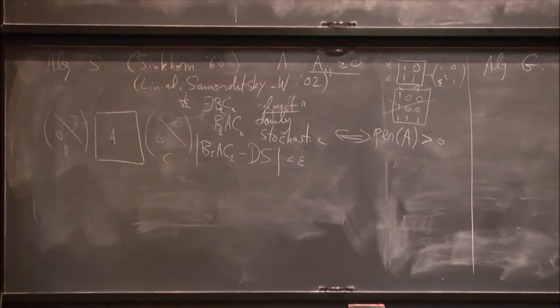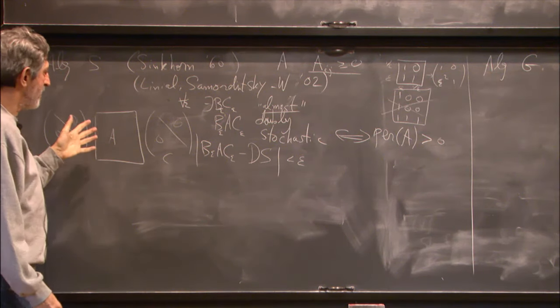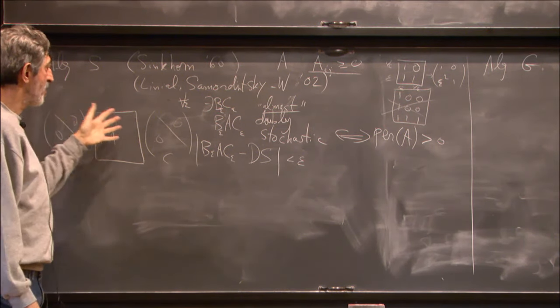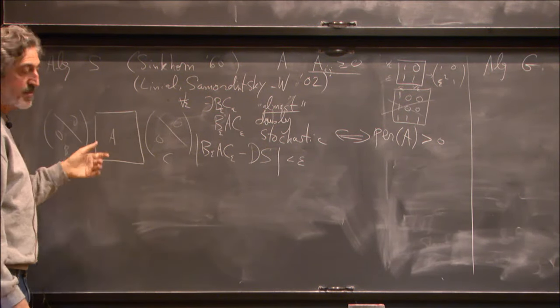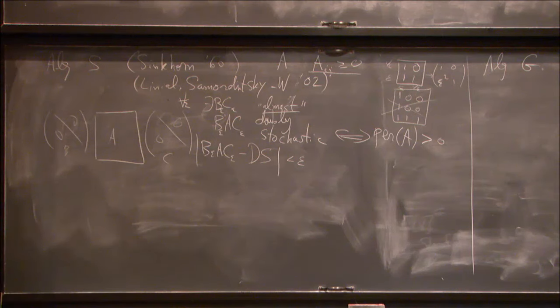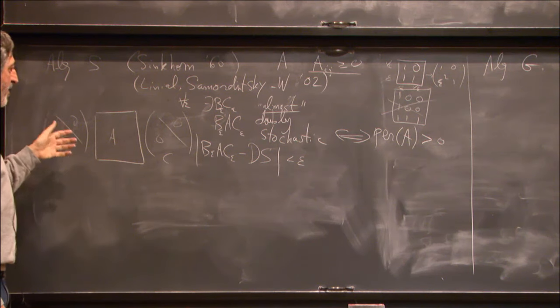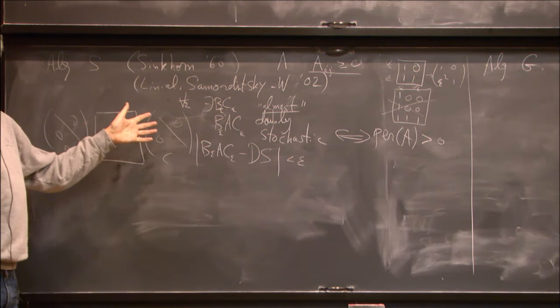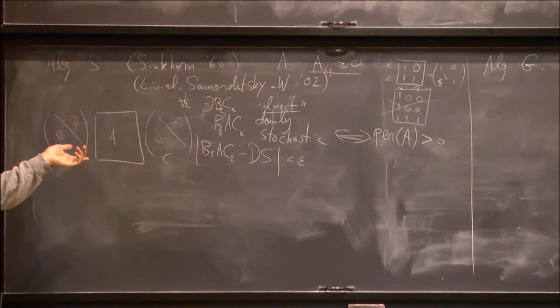So let me tell you how this is done. Okay, so we want to make it doubly stochastic, which means row stochastic and column stochastic. So let me make the following notation. It's pretty obvious if you want to make a row stochastic, what you would do, which diagonal matrix you will multiply.